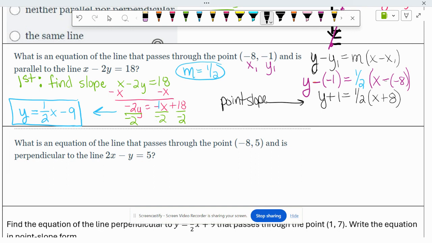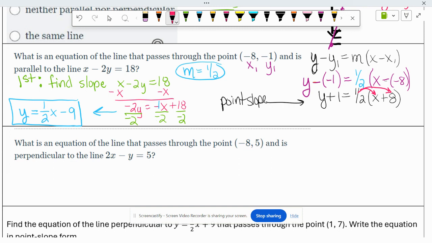What if the directions ask you to put it in y-intercept form? What am I going to do then, Aiden? If the directions say put it in y-intercept form, what do I have to do? How am I going to get rid of that parenthesis on the right-hand side?